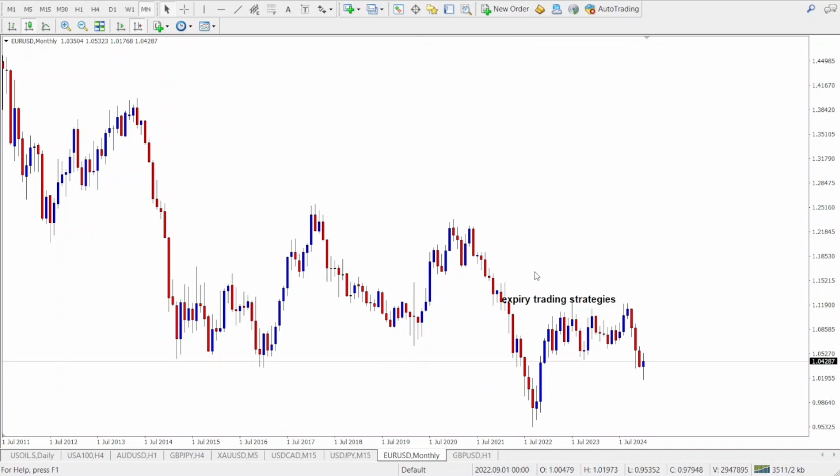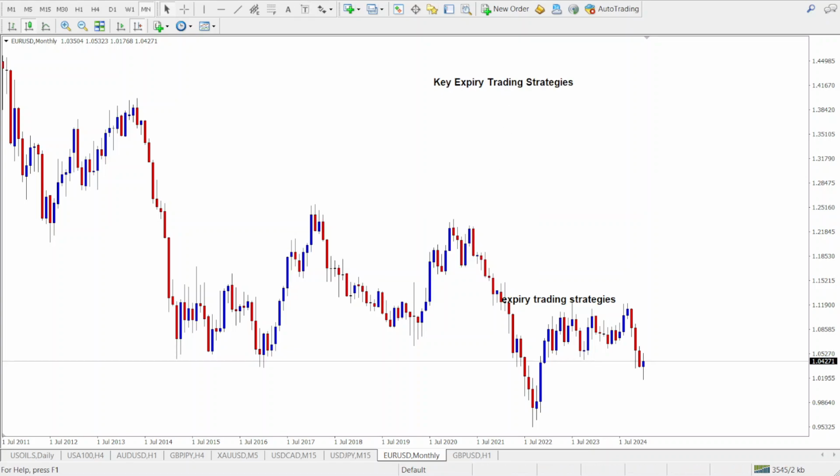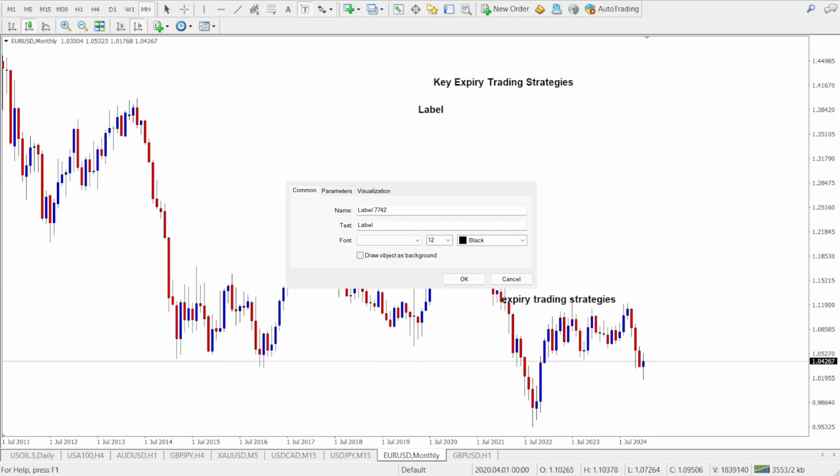Now, once you've identified your expiry time frame, the next thing for you to do is to look for breakout opportunities.